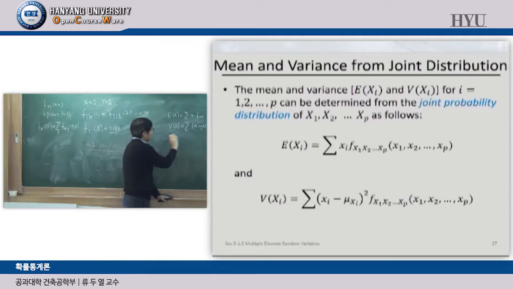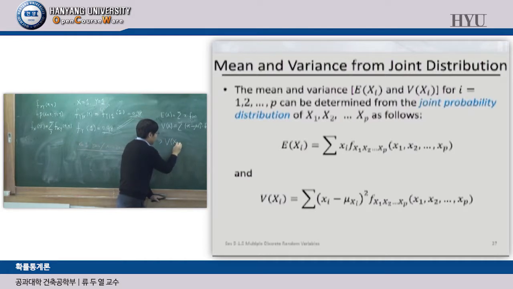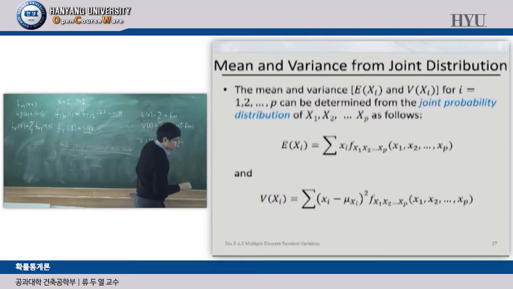So, this just changes to the variance of Xi equal to the summation of xi minus the mean of Xi squared times the joint probability mass function of x1, x2, up to xp.